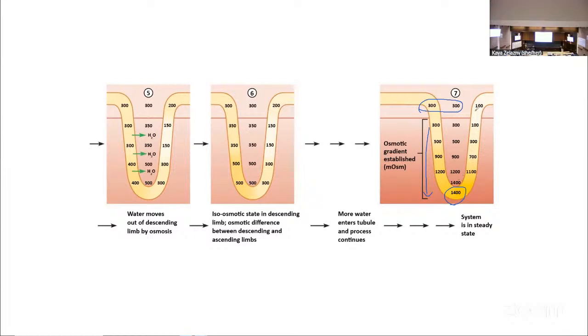As we come back up, we're losing solutes pretty fast because we're actively pumping them, and we're also pushing that fluid forward. So we don't have time to end up in an isoosmotic state. We end up with slightly lower osmolarity in the filtrate traveling through the distal tubule.